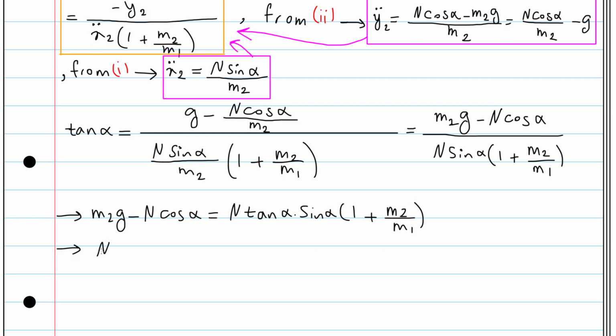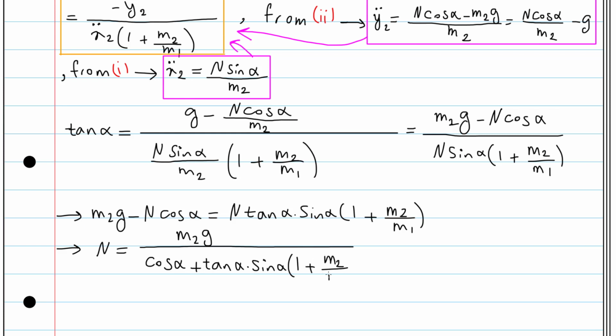Thus, n equals m2 g divided by cosine alpha plus tangent alpha times sine alpha times 1 plus m2 over m1. And we can simplify even more by multiplying the numerator and the denominator by cosine alpha, and we will see why.